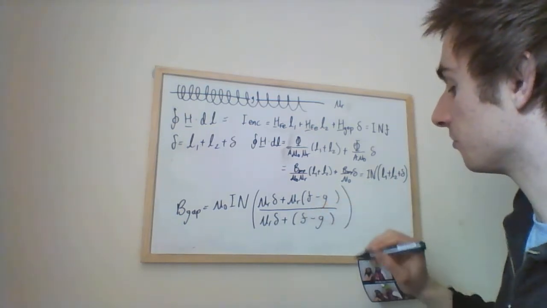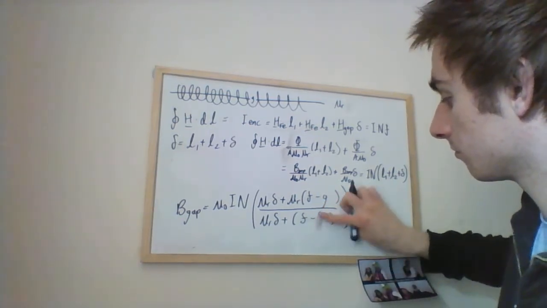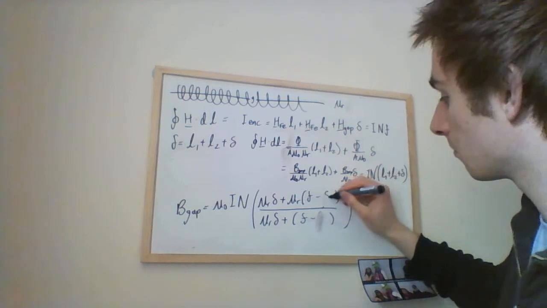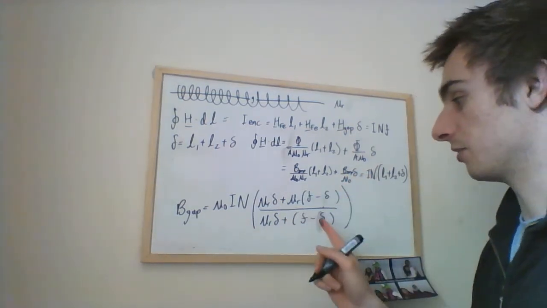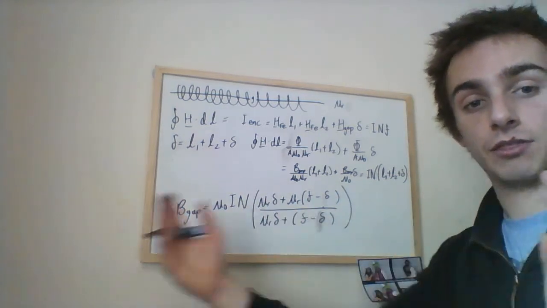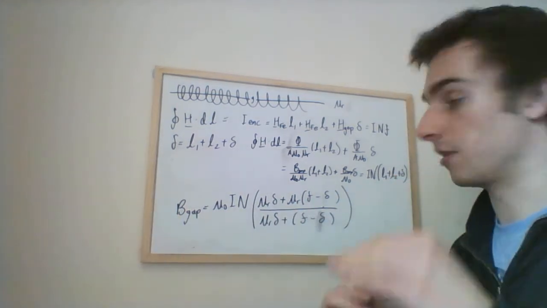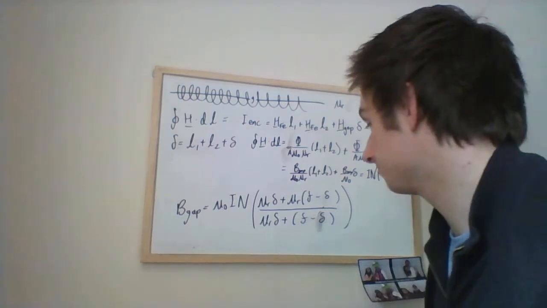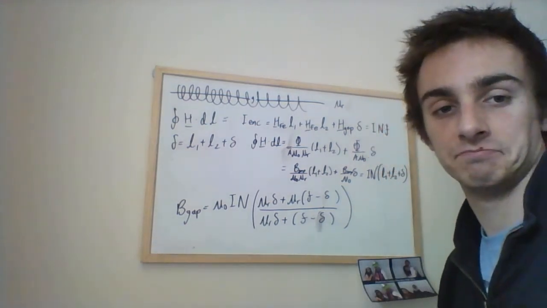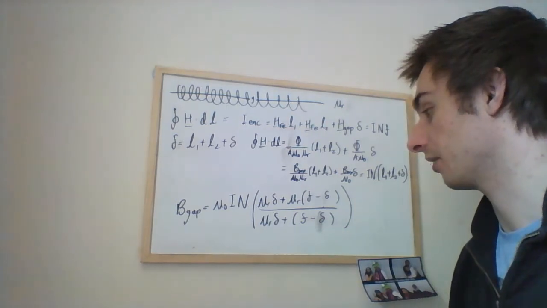Maybe that would be useful. And then you could divide through and have ratios of the length of the solenoid to the length of the gap and get information that way. But it doesn't matter that much, I don't think.